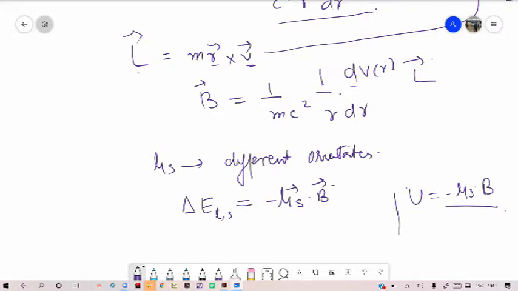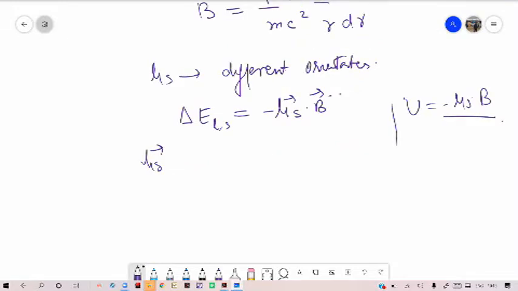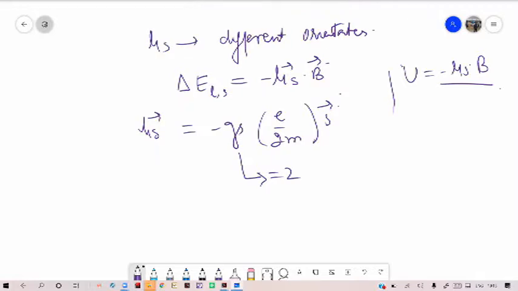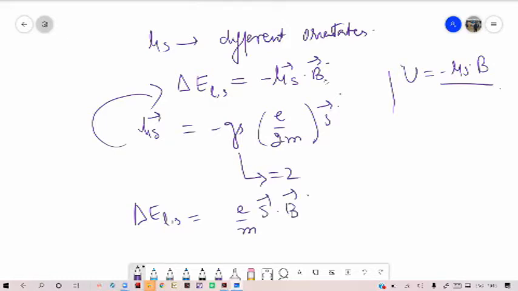Now we know that mu s is equal to minus gs e by 2m into s, and for spin gs is equal to 2. So using these expressions in the above equation, we can write delta E LS will be equal to e by m s dot B, this B here.